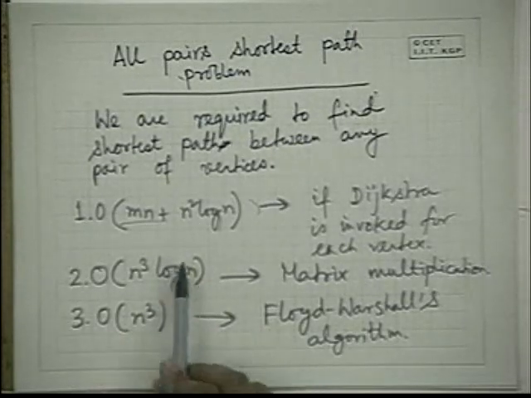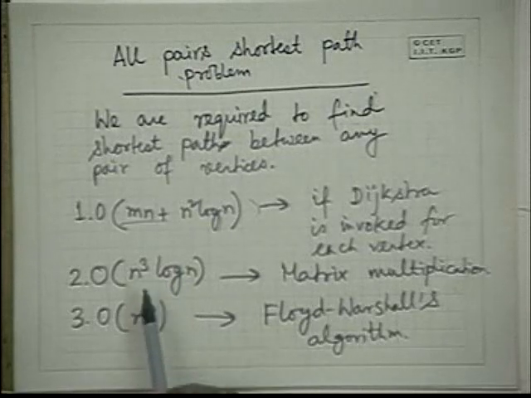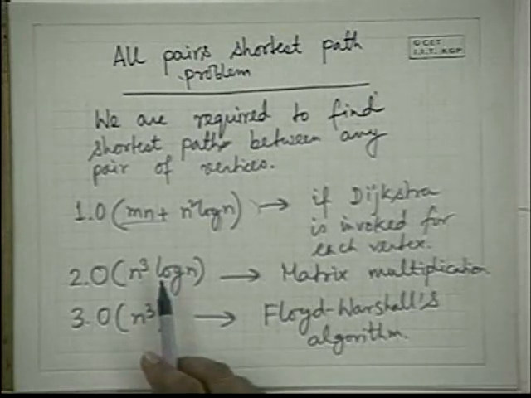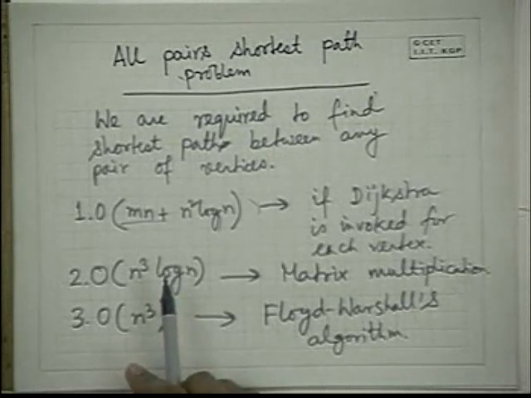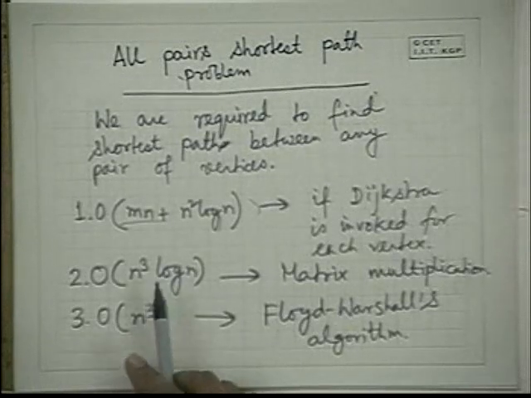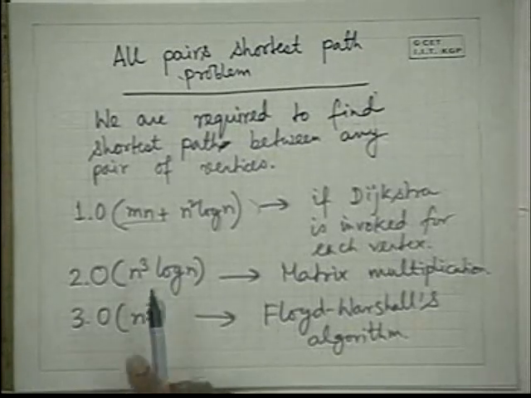This is because Dijkstra's algorithm only works for graphs without any negative cycle. What do we mean by negative cycle? There should not exist any cycle in the graph whose weight is negative. If such a negative weight cycle exists, Dijkstra's algorithm does not work.